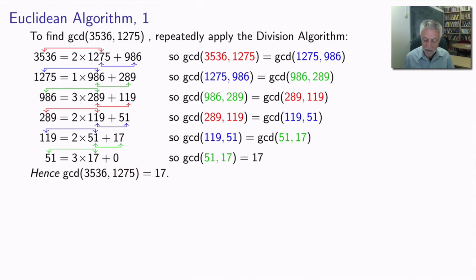In this particular case, when the remainder is 0, that means that this divides that evenly, so that the greatest common divisor of 51 and 17 is indeed 17. So now we just go back up: the greatest common divisor of that is 17, so hence of that is 17. The greatest common divisor of that is 17, and hence the greatest common divisor there is 17, all the way up until we see the greatest common divisor of the original pair is 17.